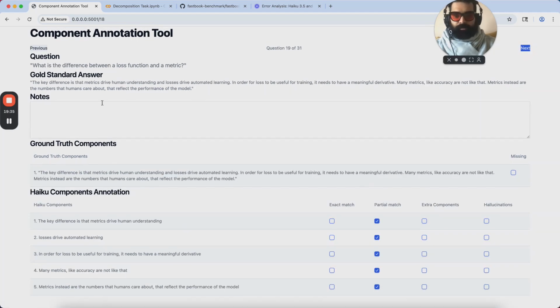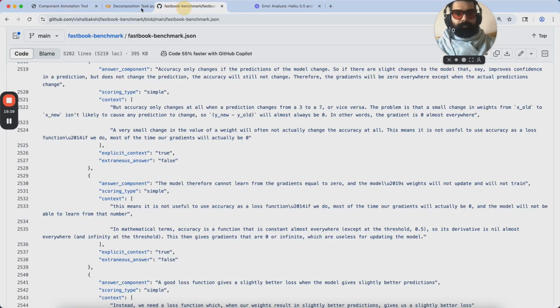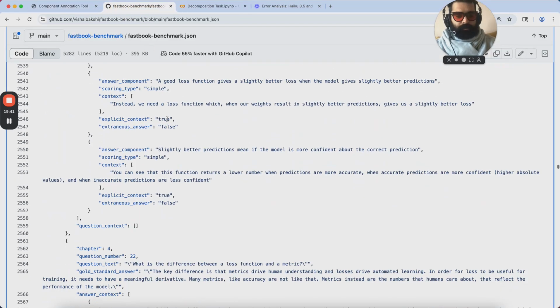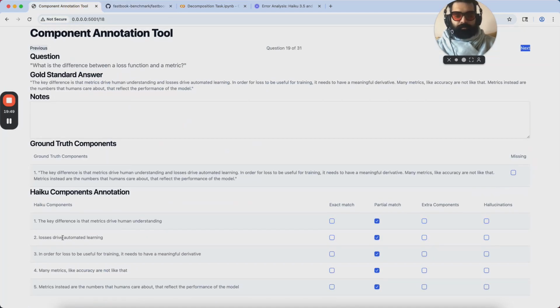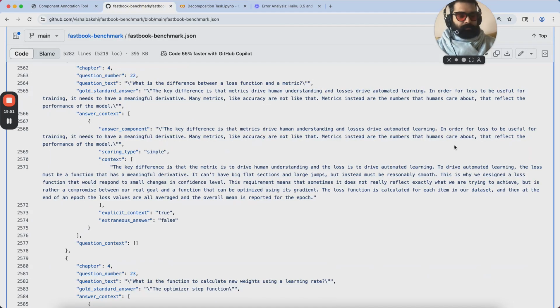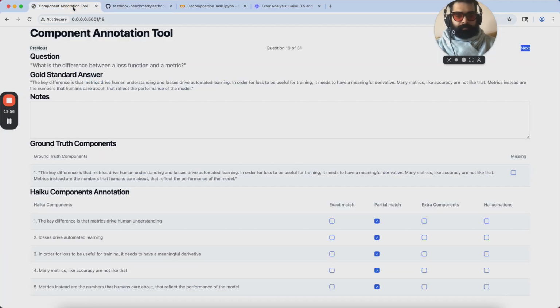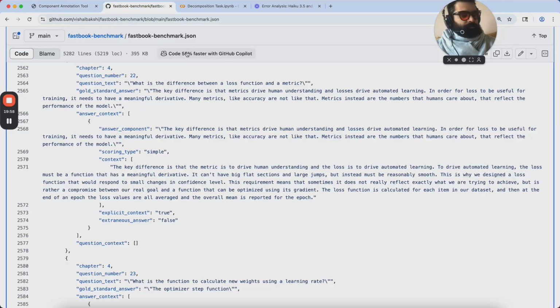Okay, partial match. So we have one ground truth component. And the key difference is that metrics drive human understanding. Losses drive automated learning. That's a separate sentence. Needs to have meaningful derivative.